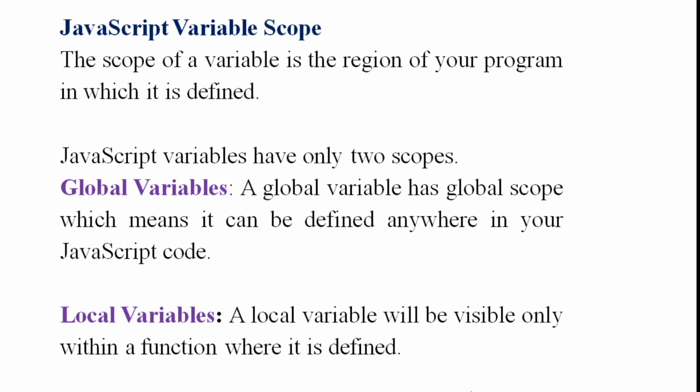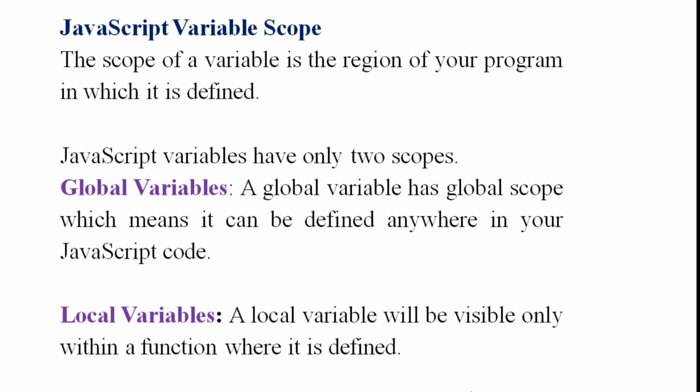Local variables will be visible only within the function where they are defined. Function parameters are also local to that function. Whereas a global variable has global scope, which means it is defined anywhere in our JavaScript code.